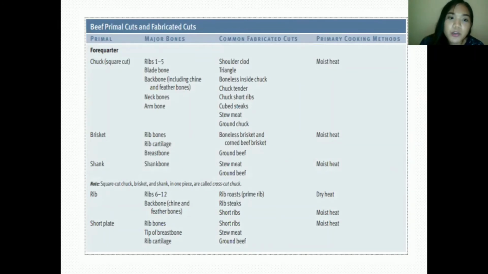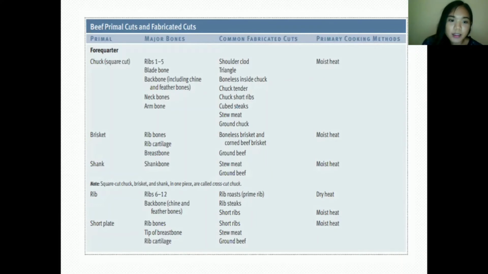The brisket part consists of the bones of rib cartilage and breastbone, and under the common fabricated cuts are the boneless brisket and corned beef brisket, the ground beef, cooked with moist heat. The shank is located under the brisket, then the rib is located near the chuck part of the beef.